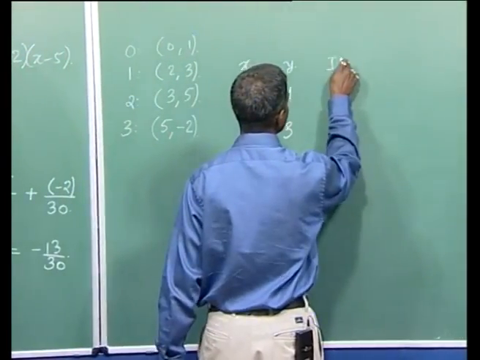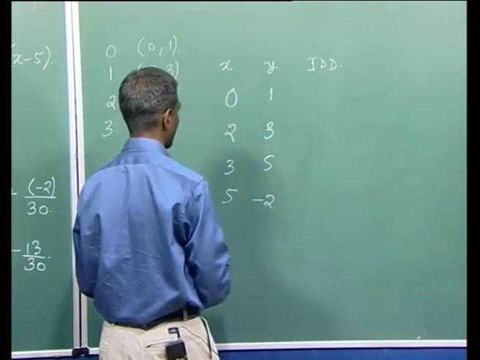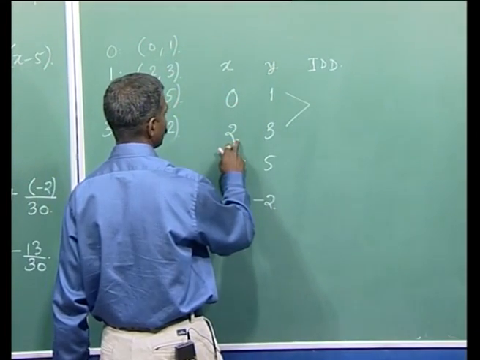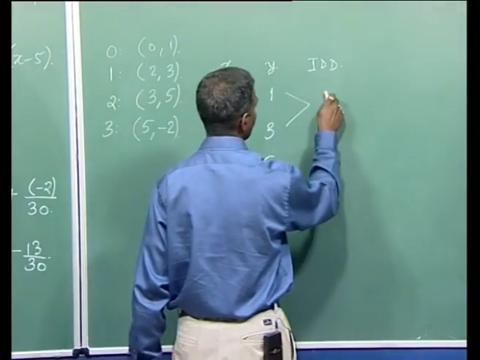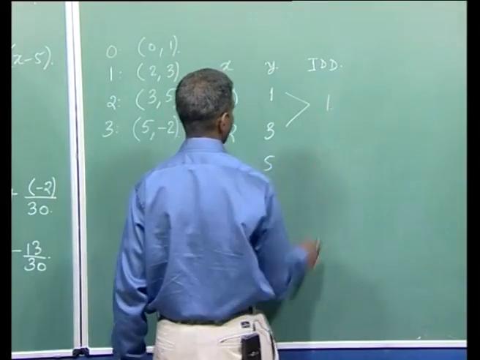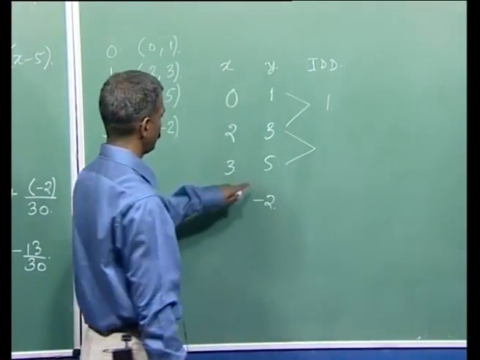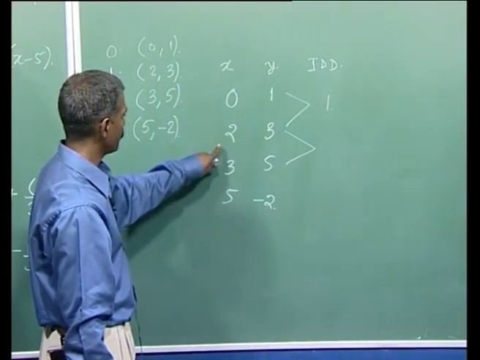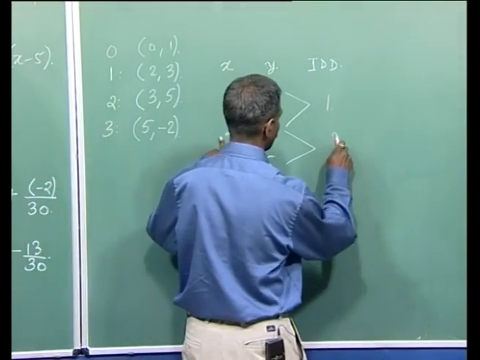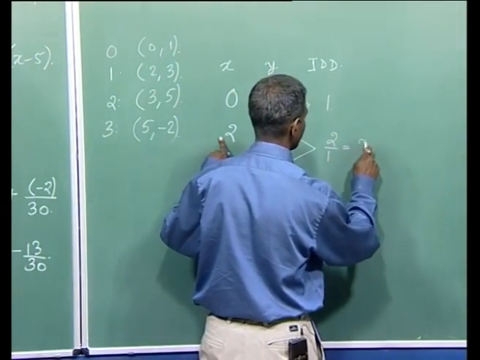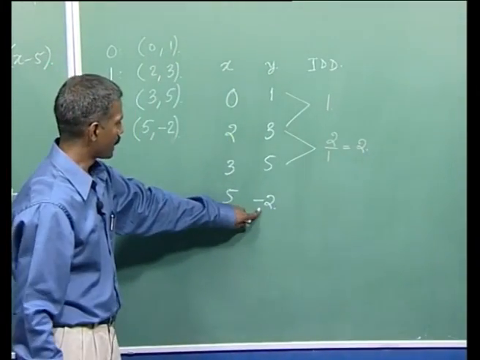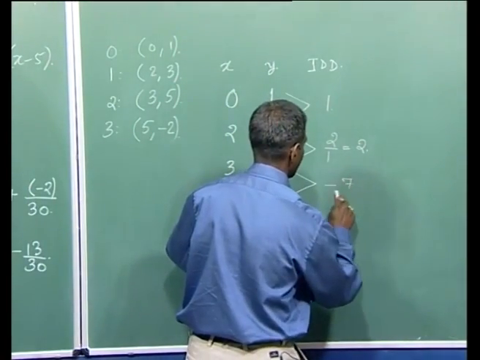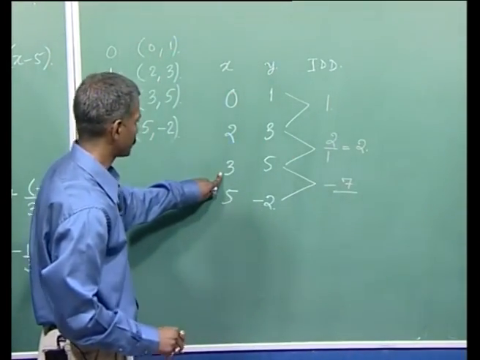So the first divided difference, combine these two, 3 minus 1 over 2 minus 0, which is 1. Combine these two, 5 minus 3 is 2, 3 minus 2 is 1, so this is 2 over 1, which is equal to 2. Minus 2 minus 5, which is minus 7, over 5 minus 3 is 2.